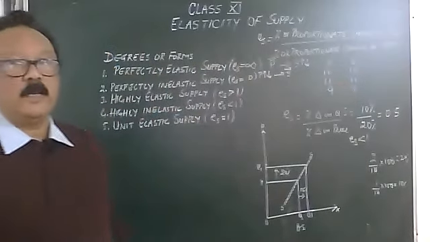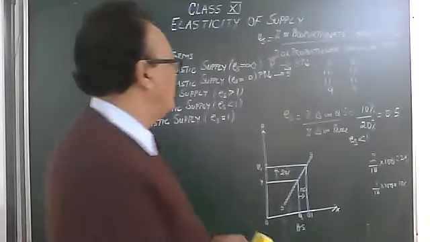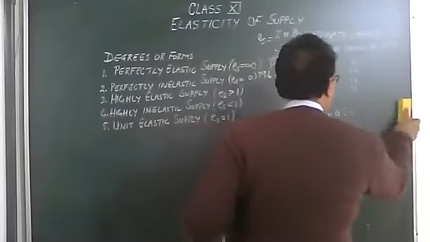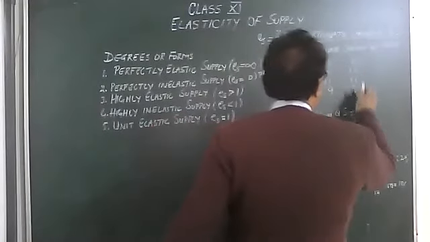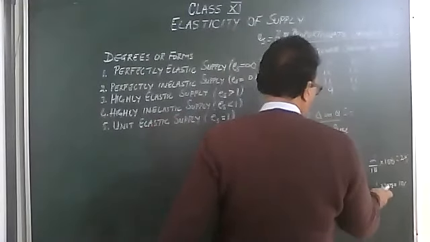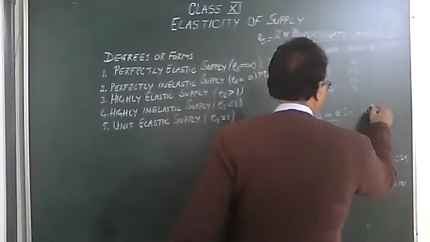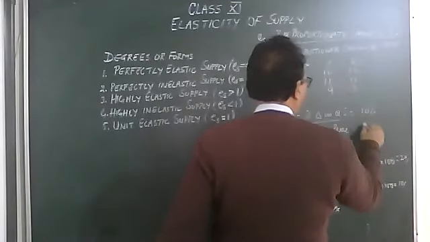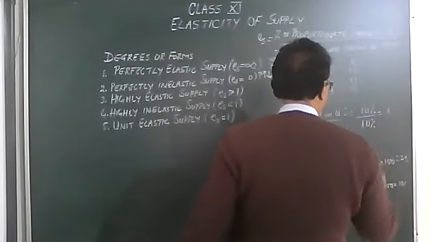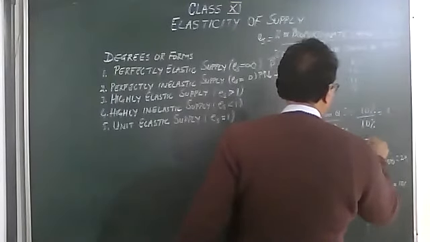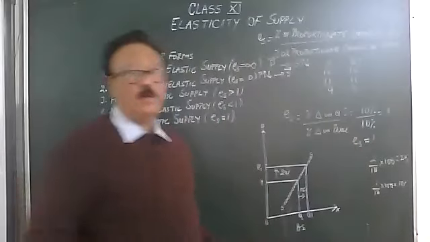Look at this, 10, 9. Change in quantity supplied from 10 becomes 9, that is 1, 10%. Similarly, price from 10 becomes 9, upon 10%, that is equal to 1. Elasticity of supply is equal to 1.